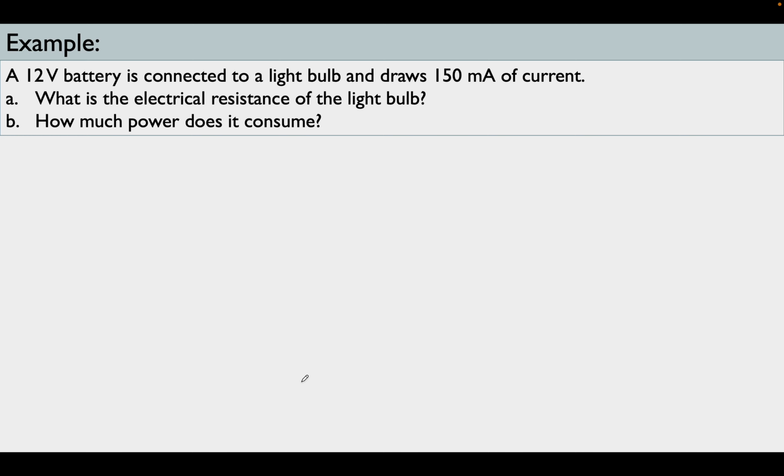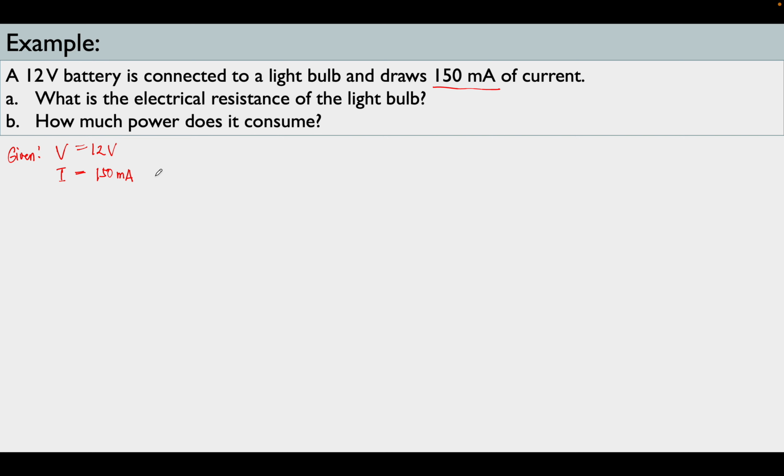Now, we proceed to the next example. Another example: we have a 12 volts battery connected to a light bulb and draws 150 mA, milliampere, of current. Before we start solving for A and B, let's write the given first. We have the voltage, which is 12 volts, and the current, which is 150 milliampere.